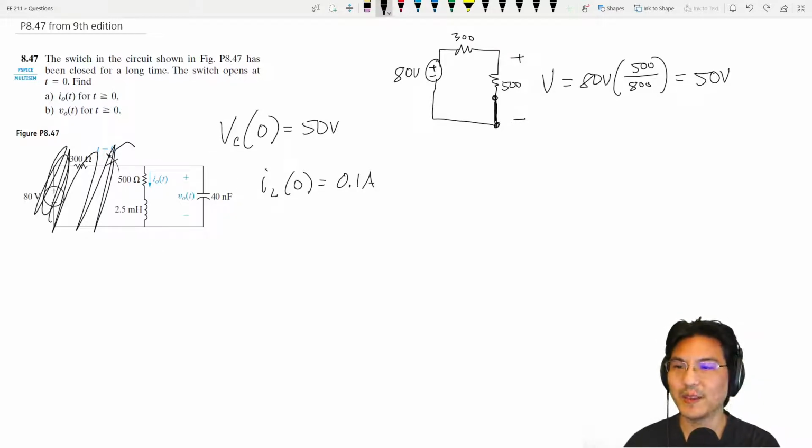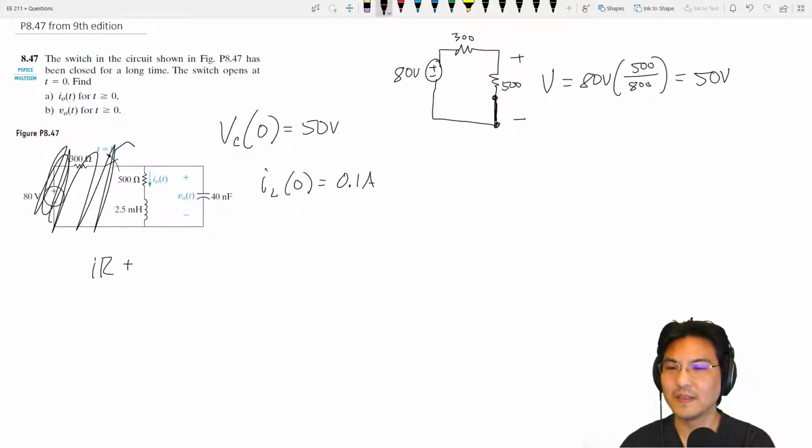Okay, so let's say we go KVL counterclockwise, and then I'll just use that current. So we got the voltage for the resistor, IR, the voltage for the inductor, L di/dt, and then the voltage for this capacitor.